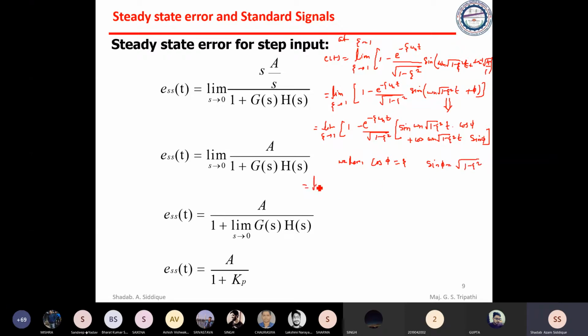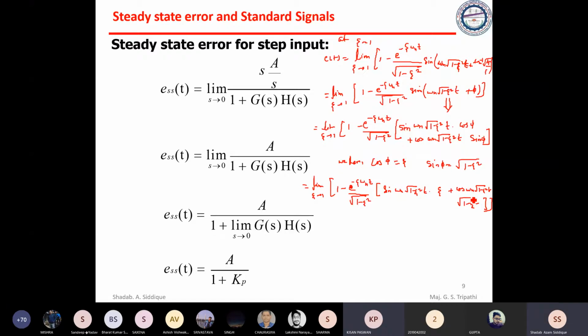Now this can be rewritten as the limit zeta tending to 1 of 1 minus e to the power minus zeta omega n t divided by the square root of 1 minus zeta square, times sine of omega n square root of 1 minus zeta square into t, with cos phi written as zeta, plus the cosinusoidal term cos of omega n square root of 1 minus zeta square into t, with sine phi written as the square root of 1 minus zeta square. Any doubt?